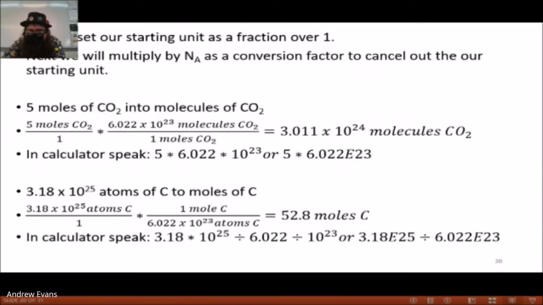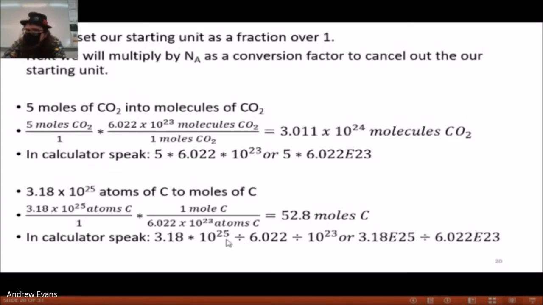Otherwise, what you would be saying is 3.18 on top times 10 to the 25th on top divided by 6 on the bottom times 10 to the 23rd on top. Because order of operations says multiplication, division, multiplication in that order, not multiplication, multiplication, then division.